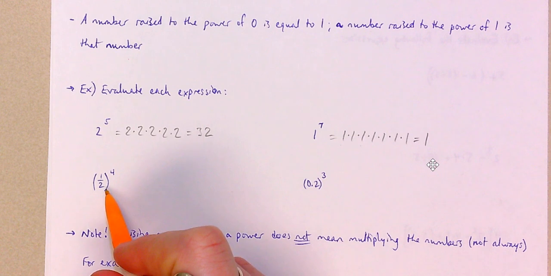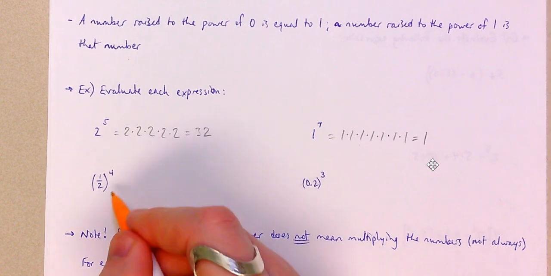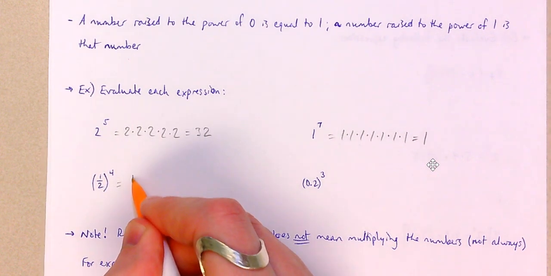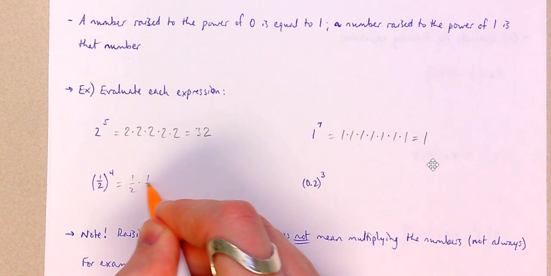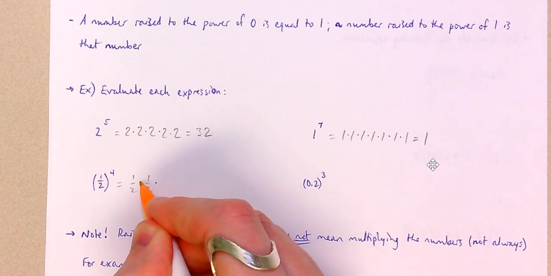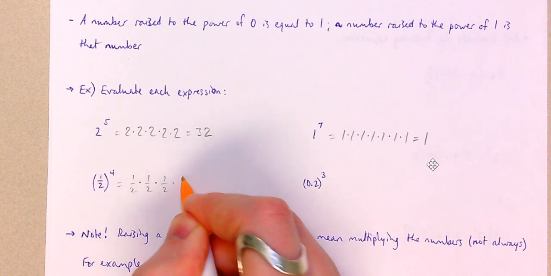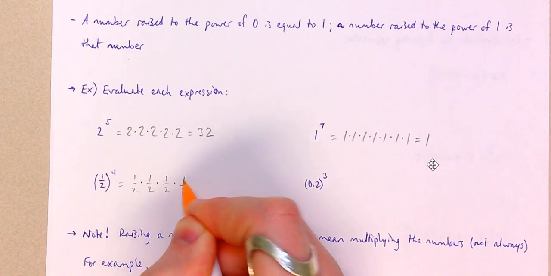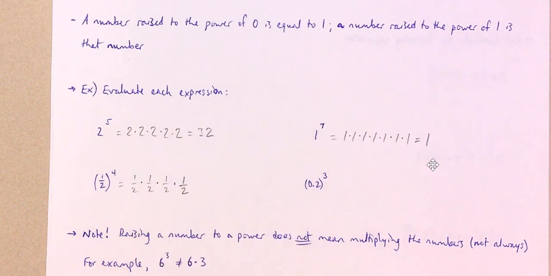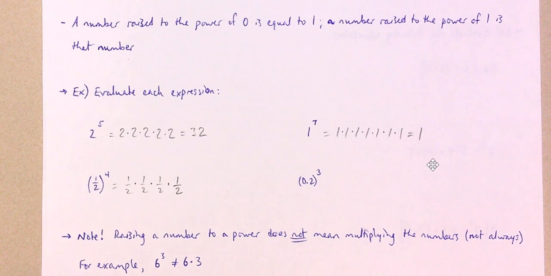One half raised to the 4th power, or 1/2 to the power of 4. This is 1/2 times 1/2 times 1/2 times 1/2. And we know from our previous math classes that when we multiply fractions, we multiply the tops and we multiply the bottoms.